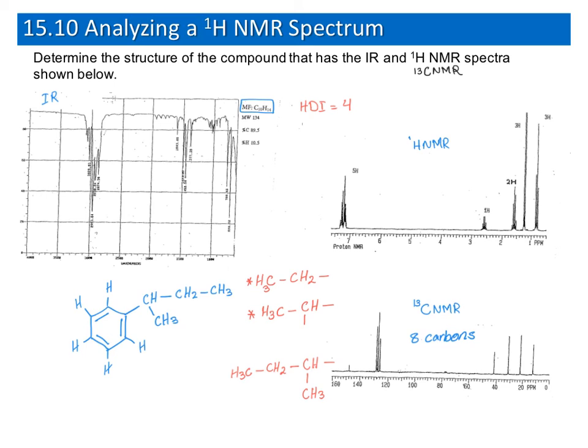Now let's assign each proton to each signal right here. So first we need to label all the hydrogens. I'm going to label all 5 aromatic hydrogens as A. This is B, C, D, and E. Now these 5 aromatic hydrogens that are directly connected to the benzene ring, they all appear somewhere between 6.5 to 8.5 ppm.